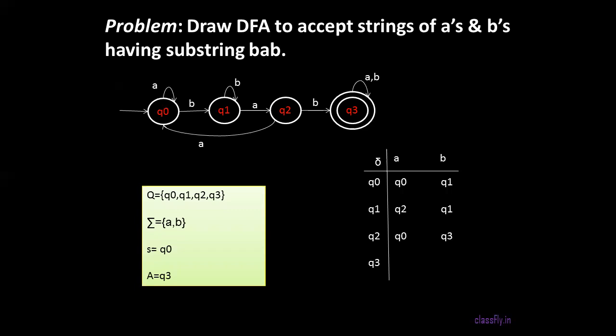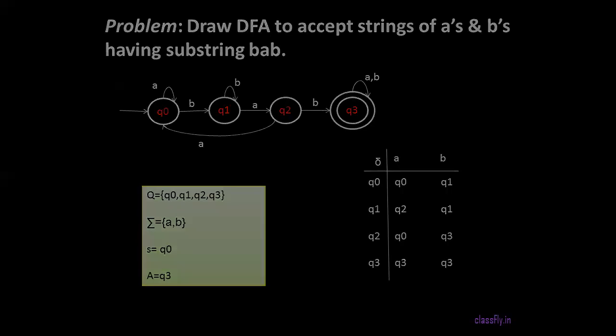Q2 is mapped to Q0 by A. Q2 is mapped to Q3 by B. Q3 is mapped to itself by both A and B. So this is our solution for the problem and it satisfies the condition. Finally, thanks for watching the video.